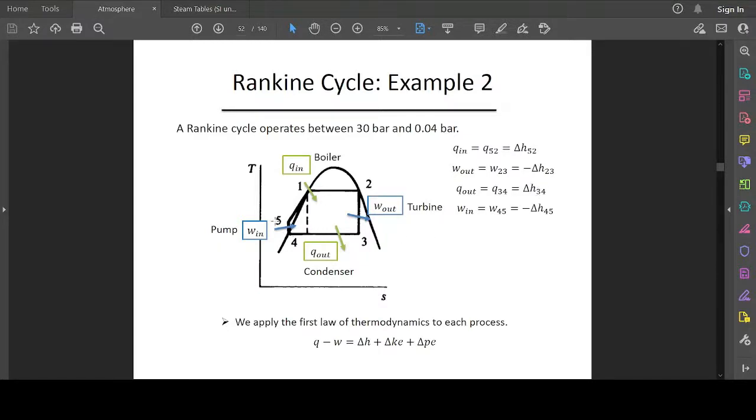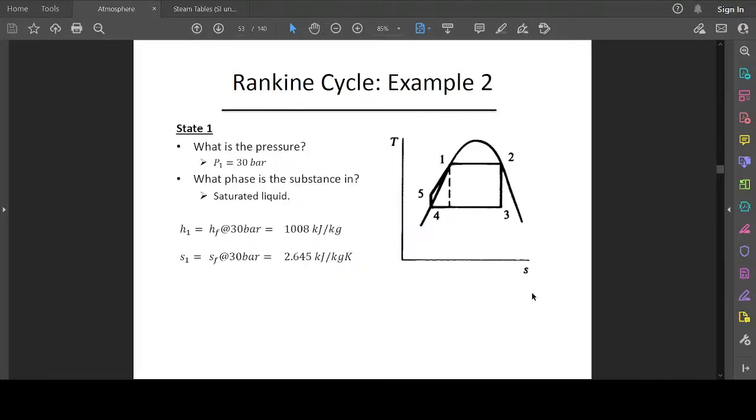Now the work done on the system to get it to the boiler pressure is done between stages 4 and 5. So we apply the first law as usual, and we assume the potential and kinetic energy to be zero, due to no difference in height in the equipment and no significant increase in velocity within the system.